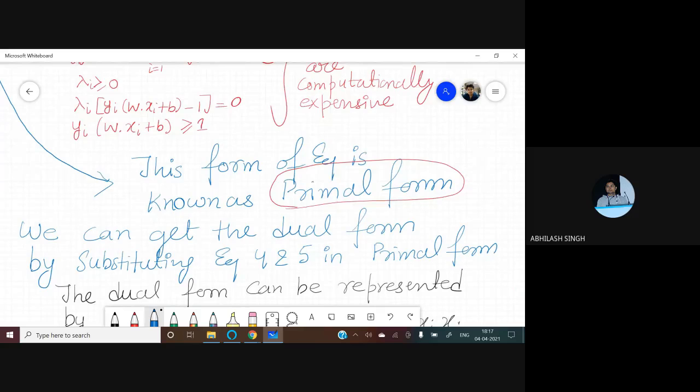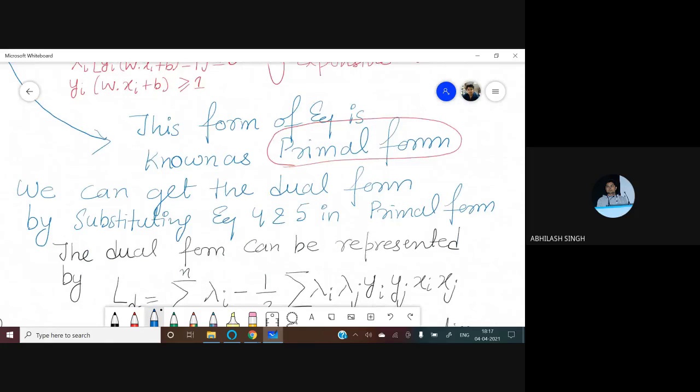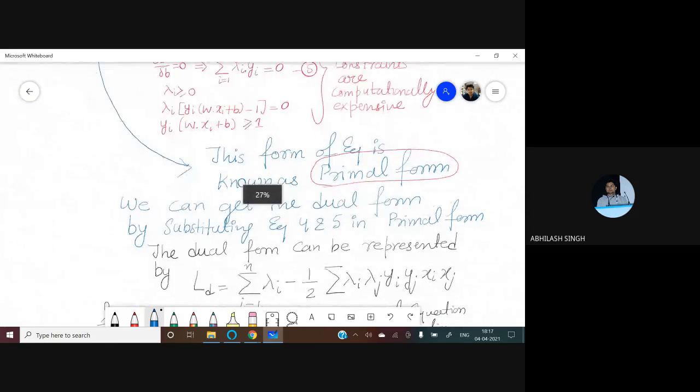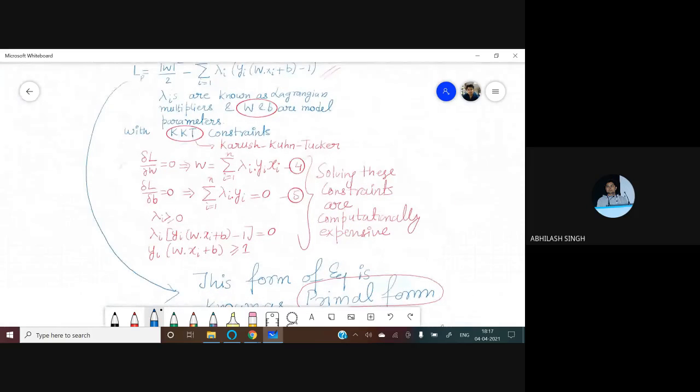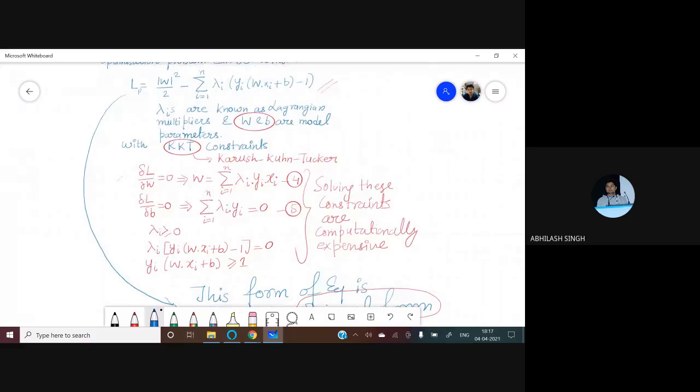And the dual form is very simple. You just make use of this LP equation, and in that LP equation you put equation 4 and equation 5. So it's a simple derivation. The mod of w squared by 2 is 1 by 2 w into w transpose.